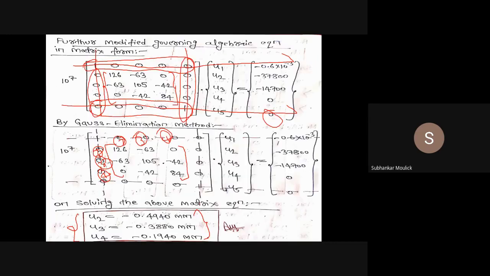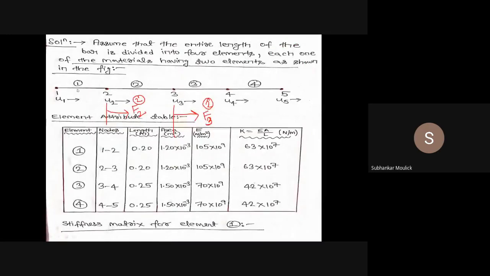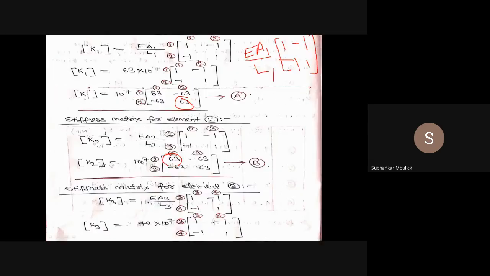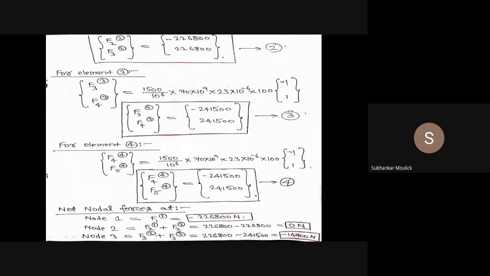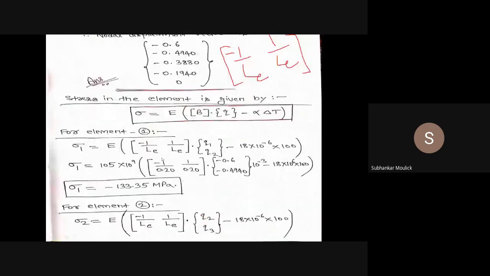Now, for element number 1, this is my element 1. Element number 1 is comprising of two nodes, node 1 and node 2.